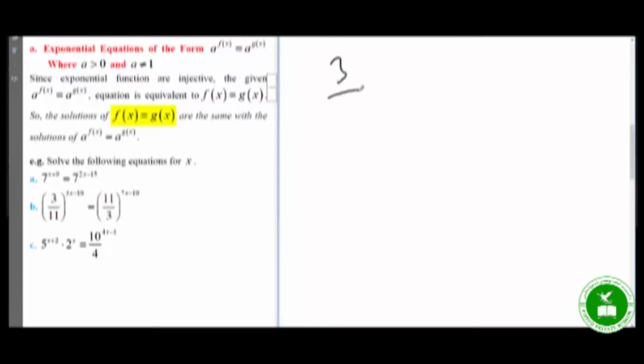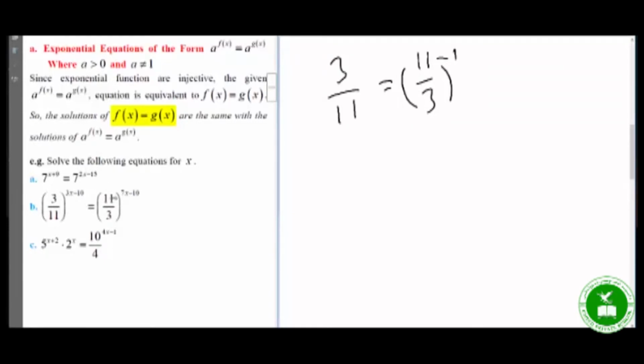How? 11 over 3 is equal to 3 over 11 to the power of negative 1. We can write it as 3 over 11 to the power of negative 1.